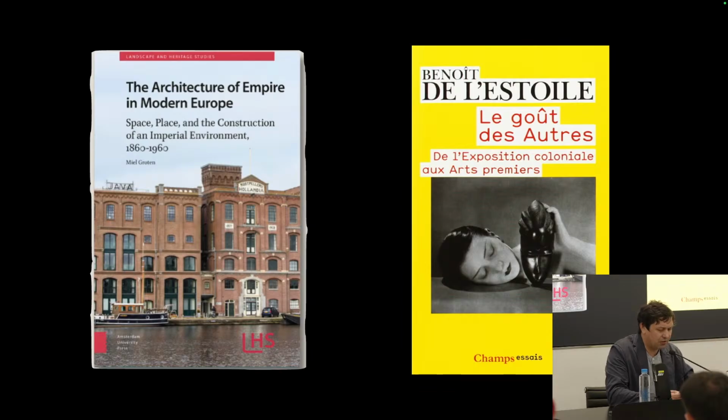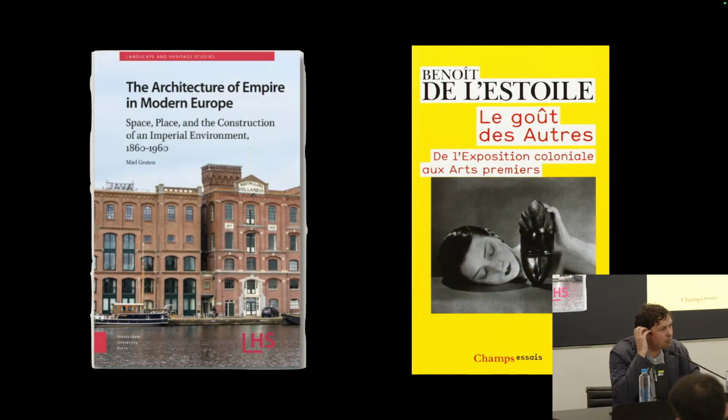The other book that you have here is in French, but it reads The Taste of Others, from the colonial exhibition to First Arts. Always be careful with that one; that's one of the tricky terms. Alchemy is a term we use in French.